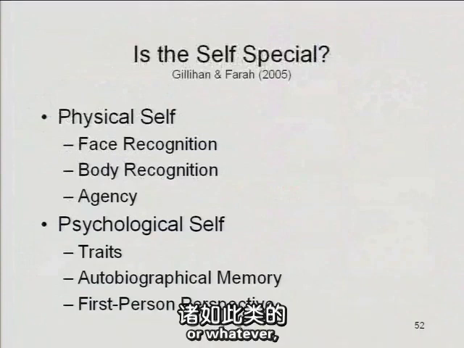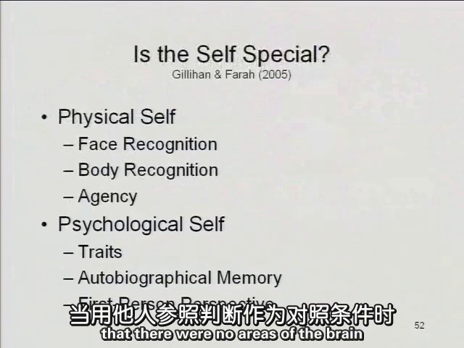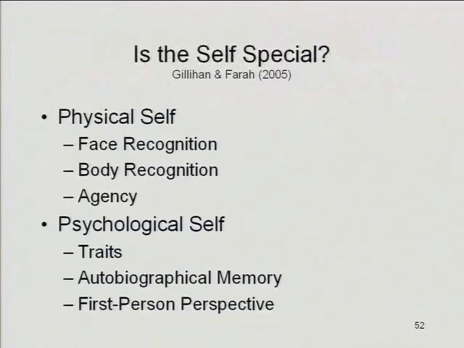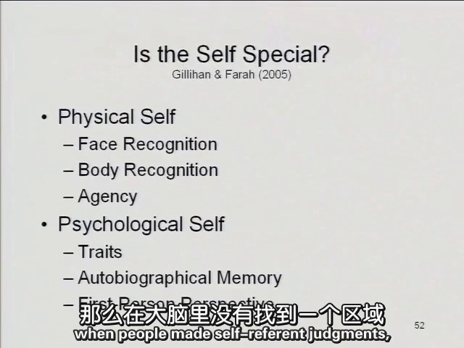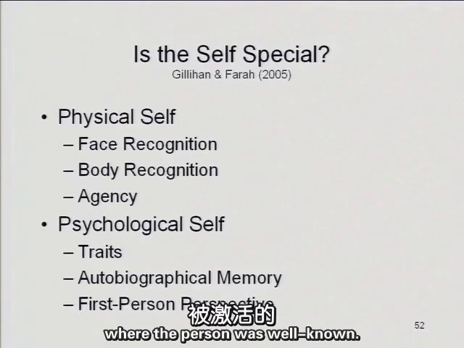They concluded on the basis of their review that there were no areas of the brain that were specifically activated when people made self-referent judgments, when the control condition was an other-reference judgment where the other person was well known.